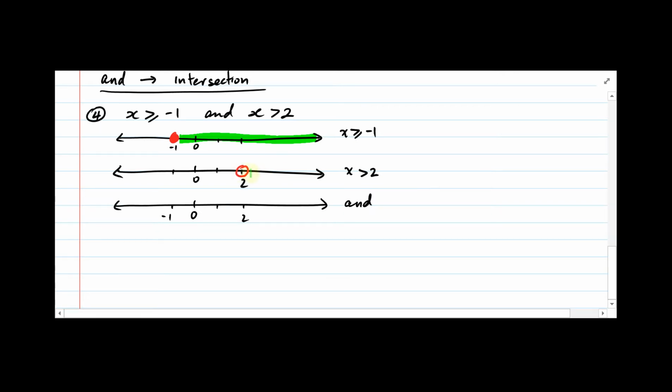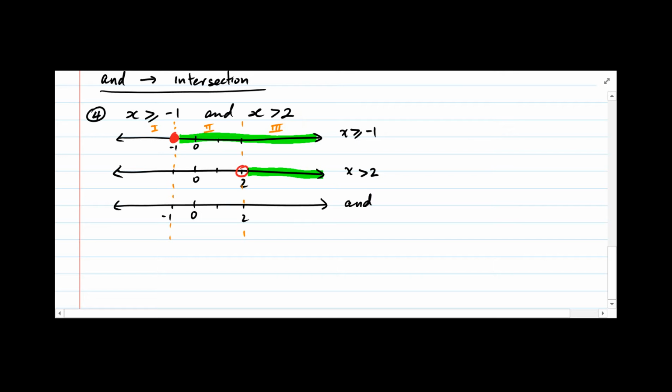And again, I shade everything to the right, but 2 is not included. And as I did above, let's look at these region by region. If I do that, what I end up with is these three regions, as we had earlier.